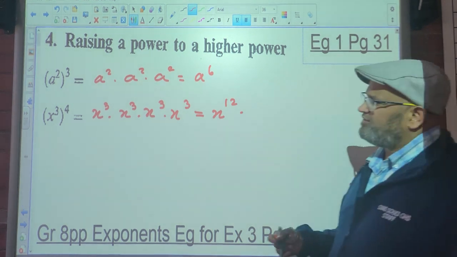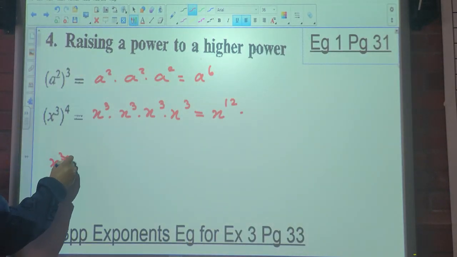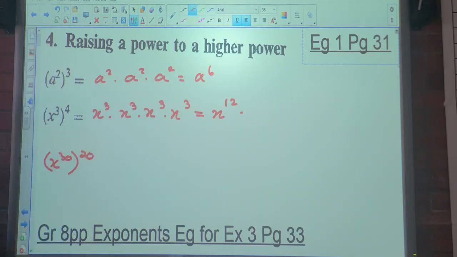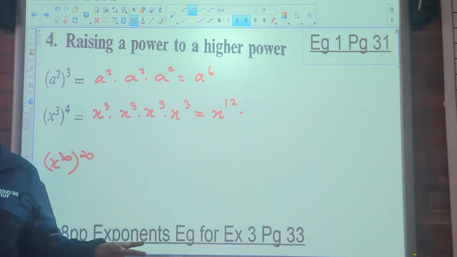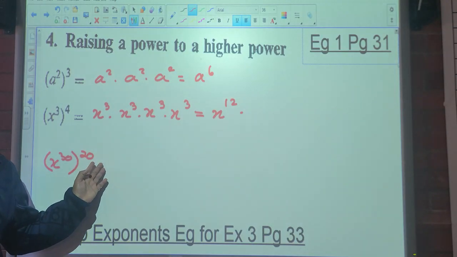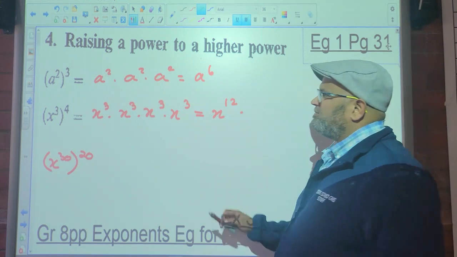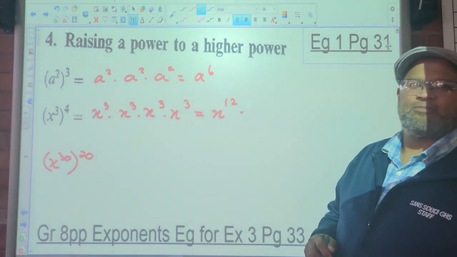But what if I had x to the 30 raised to the exponent 20? Am I going to write x to the 30 times x to the 30, 20 times? No, of course not. So we need a rule that will make this easier for us.